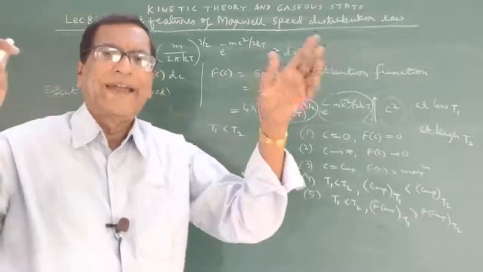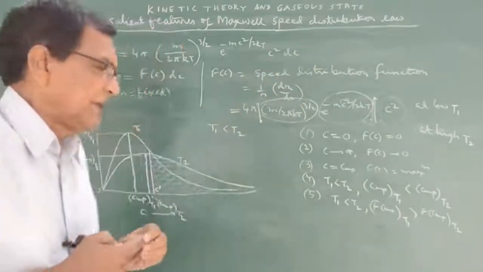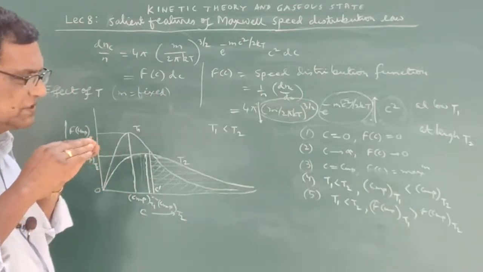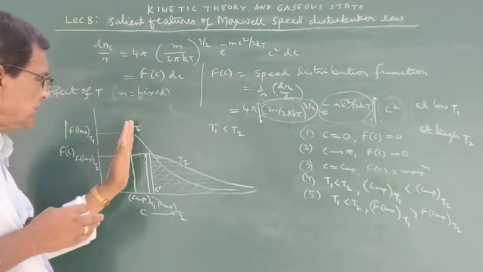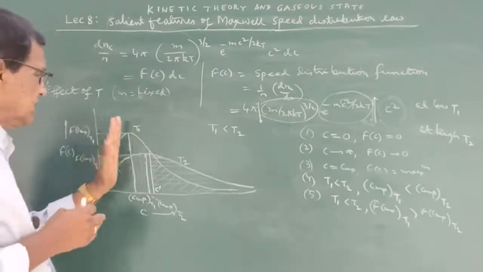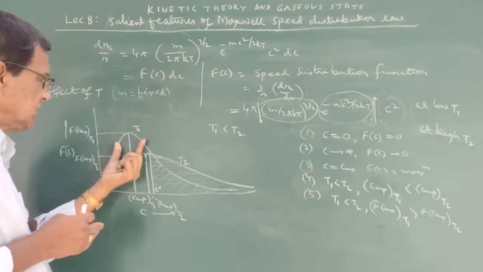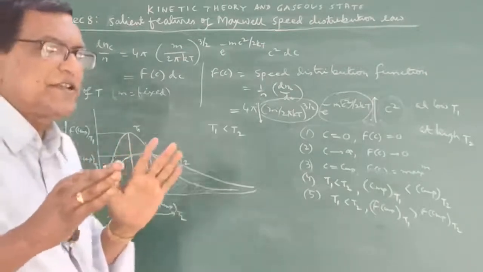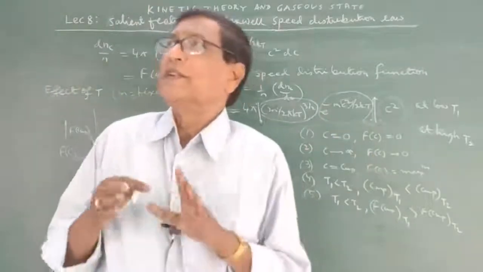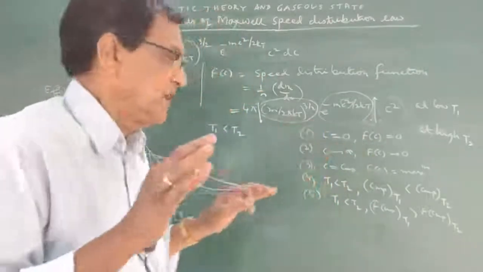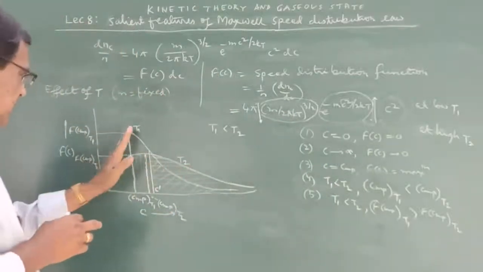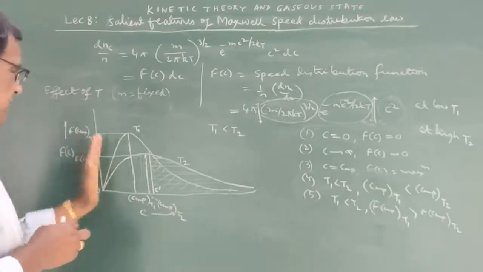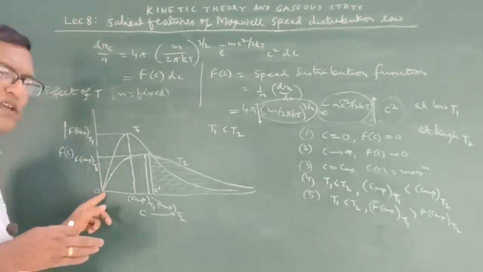And again, if the temperature is very, very low, as the temperature is decreasing, this curve is coming towards the left-hand side, and whenever the temperature is 0 Kelvin, the curve lies along this axis. It means that all the molecules have the speed 0.